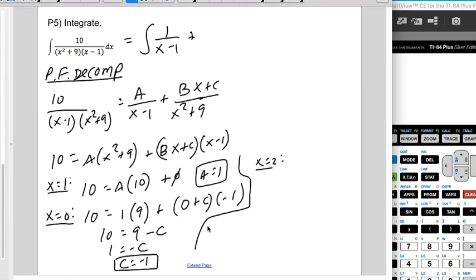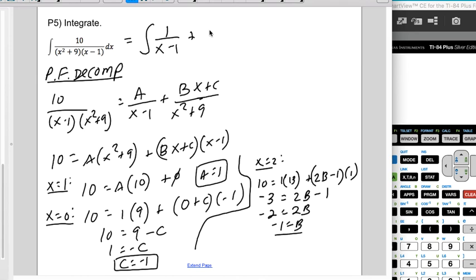Since I already found the other ones, I can plug in 10 equals 13 times 1, because A is a 1, plus 2B minus 1 times a 1. So I get negative 3 equals 2B minus 1, negative 2 is 2B, negative 1 is my B.